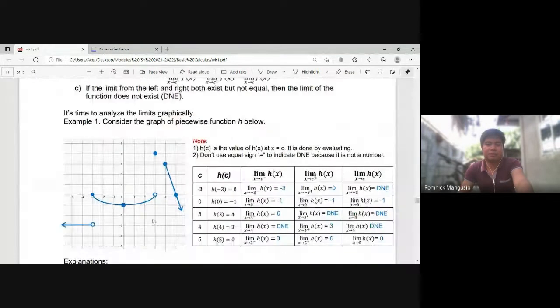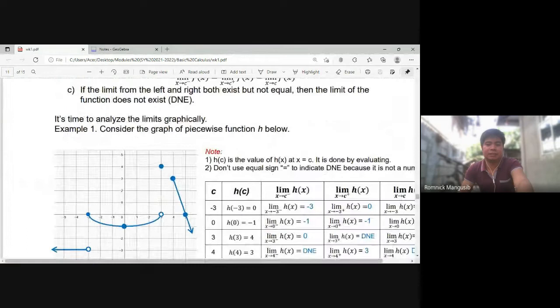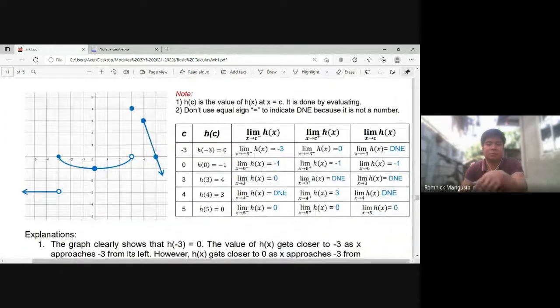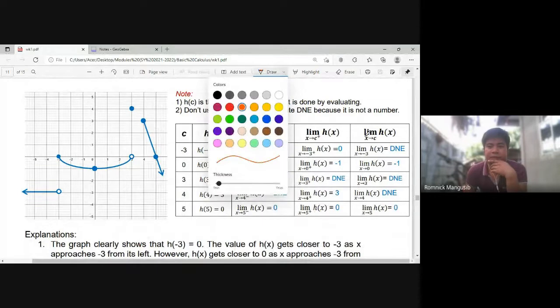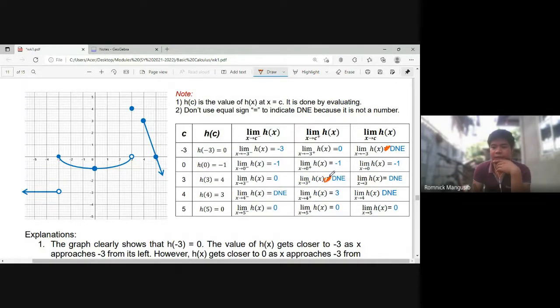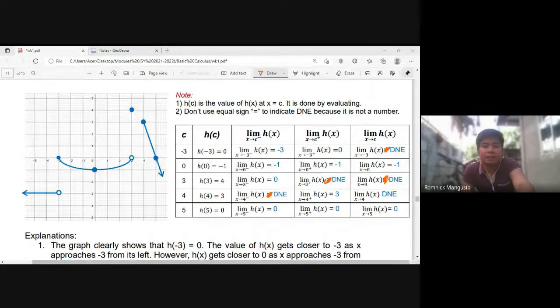Pero please ignore natin equal sign. Edit ko na lang. Na miss-encode ko. Dapat walang equal sign ng mga to. Okay? Walang equal sign to. Lahat ng DNE. Miss-encode ko kasi. Ayan. Okay. Can you see my screen? Is it clearly seen? Visible? Yes. Yes, sir.